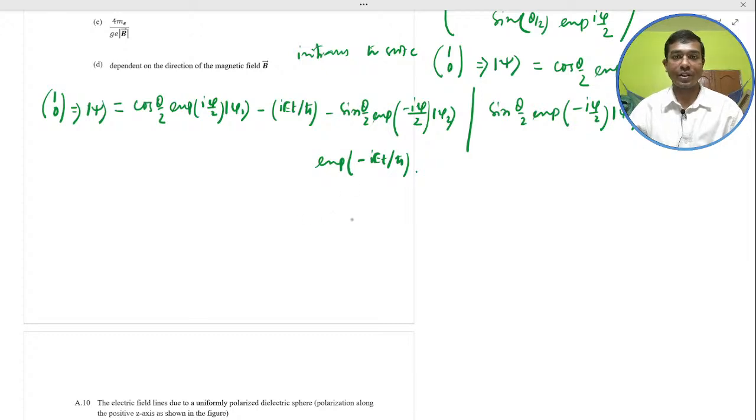Time evolution means psi 0 to psi t, multiplied by exponential minus i E t by h cross. This is the time evolution.